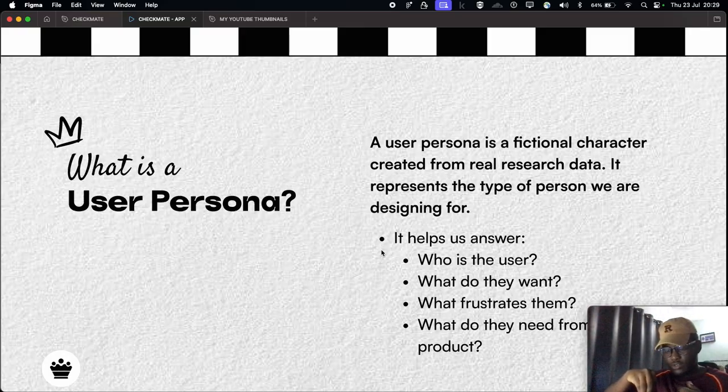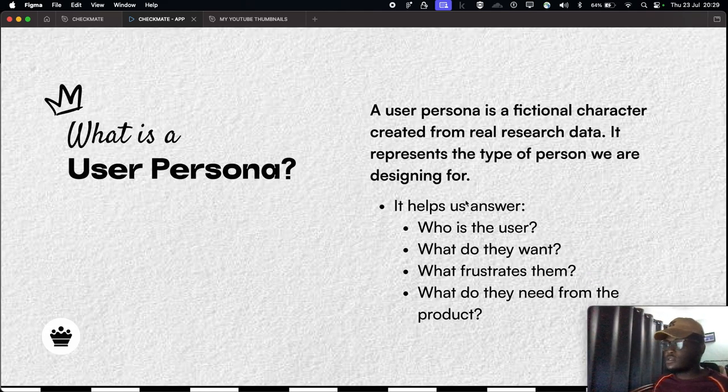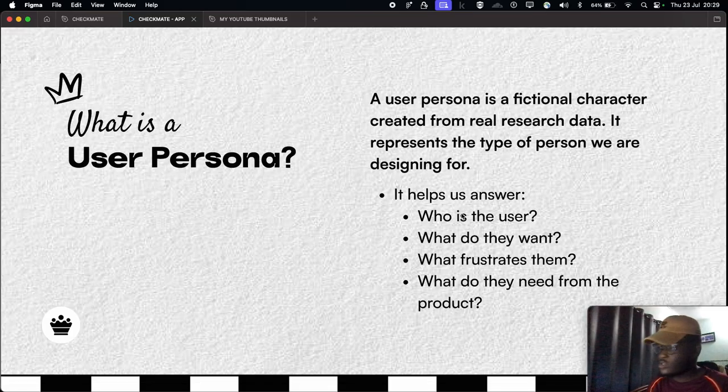Do you understand? So she can create a fictional character, but she's using real research data. She's using the responses she got from Victor, from Emmanuel, and myself. Do you understand? So a user persona just helps us to answer: who is the user, what do they want, what frustrates them, and what do they need from the product.